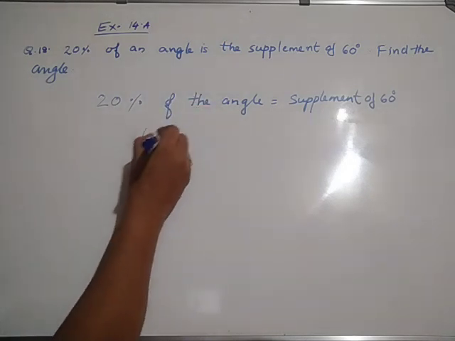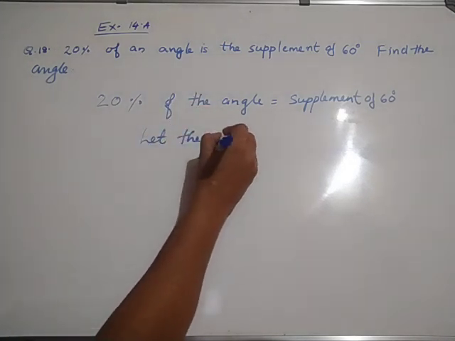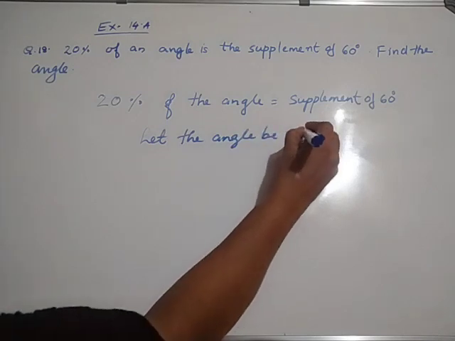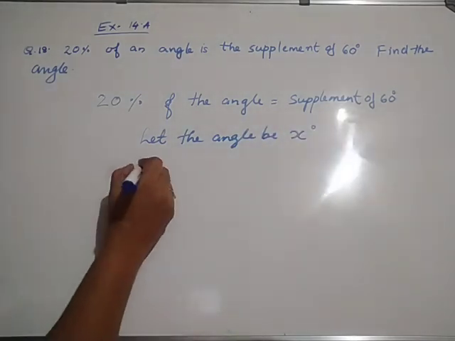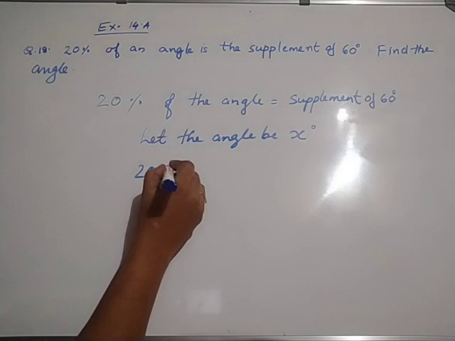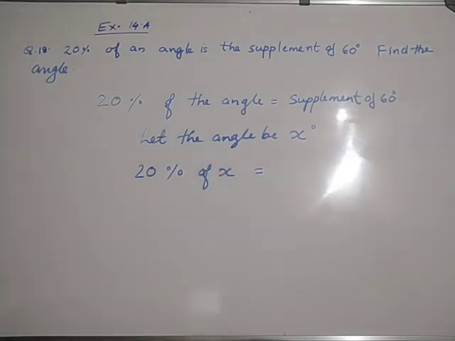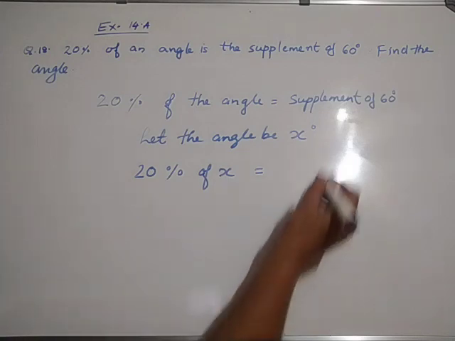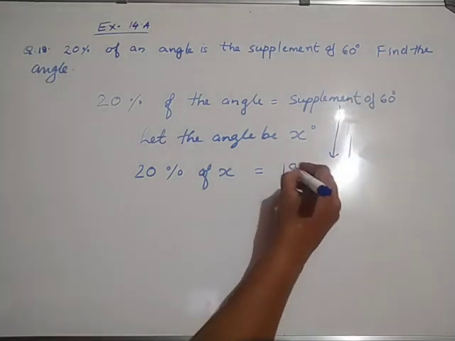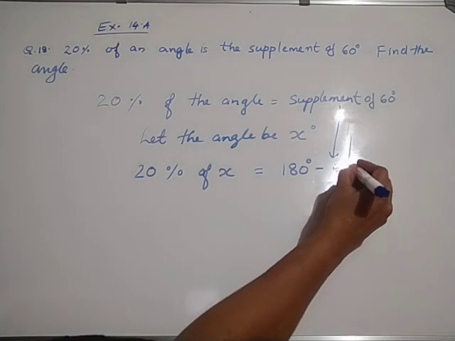So let the angle be x. How can we write 20% of the angle? 20% of x equal to the supplement of 60. How can we obtain the supplement of 60? Yes, 180 degrees minus 60 degrees.